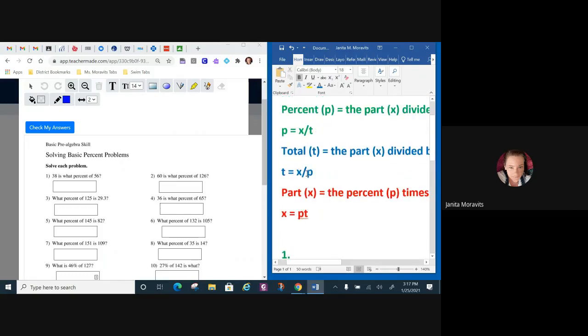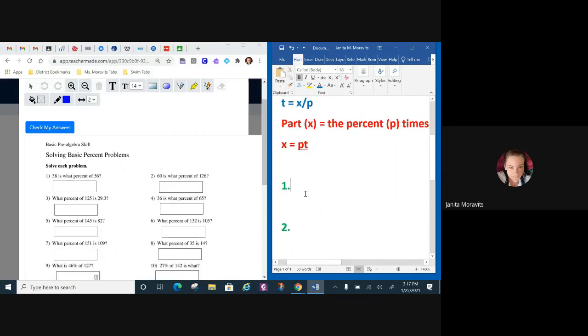So P, or the percent, equals the part, which is 38, divided by the total, which is 56. You will divide that out, and you will get a decimal, and that decimal will need to be changed into a percent.